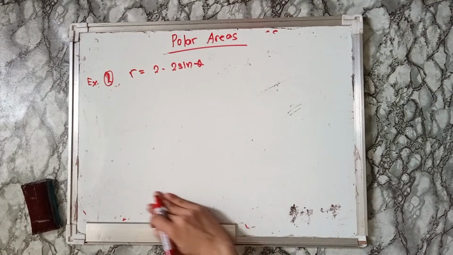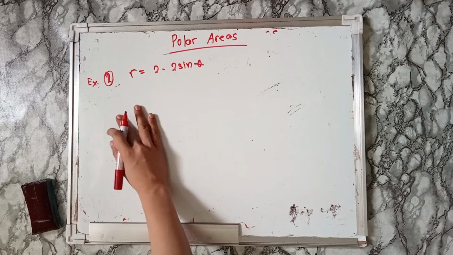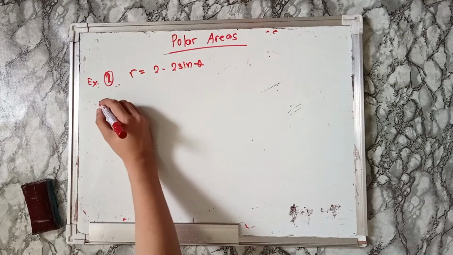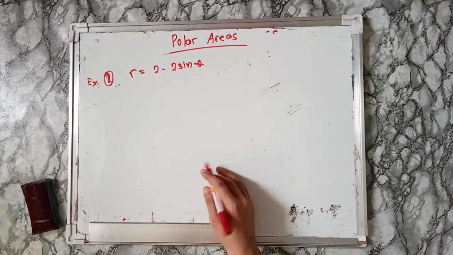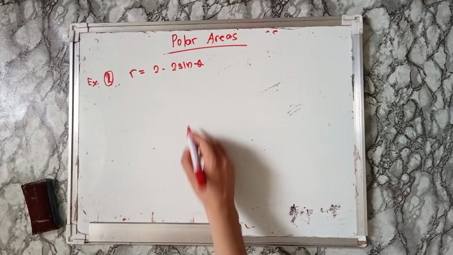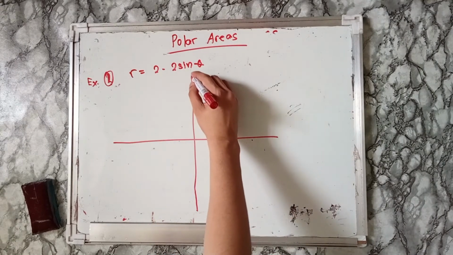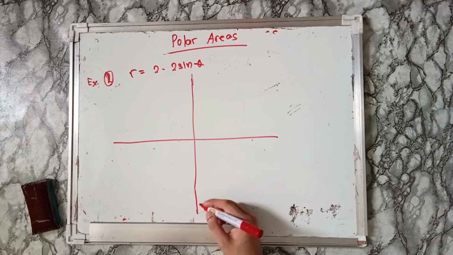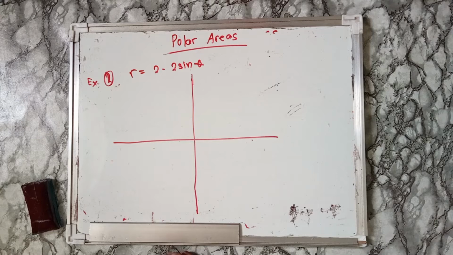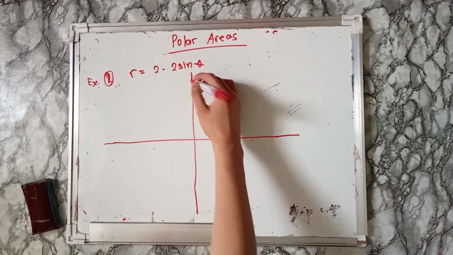So of course we need to plot the graph. So we need to find the points. So let me draw the graph, since I will just list down the points. Our highest radius is 4, so let's draw 4 circles.